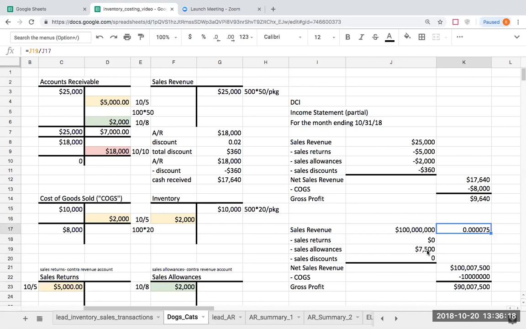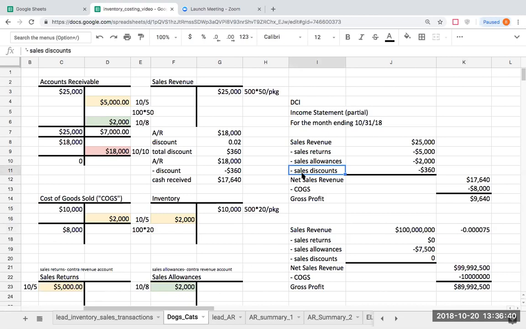So that's something to try to remember as you are going through this, in terms of how we show our investors and why we do it. Why do we use contra revenues? Because if there is a significant amount of returns or allowances or discounts, we can't just take this off sales revenue and bury it.